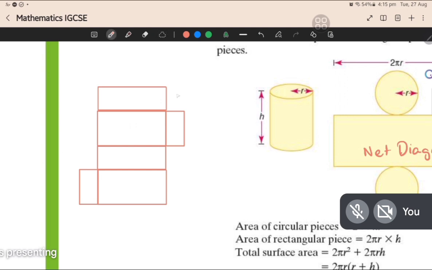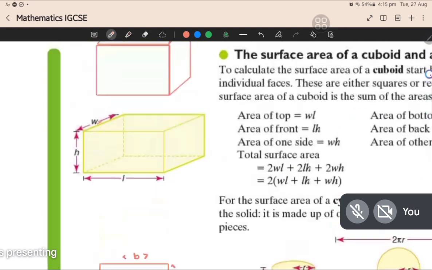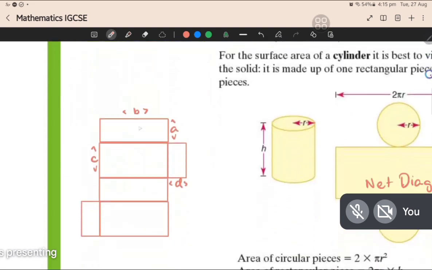Now when we find the surface area, we've got this length and this length. So we'll call this A, we'll call this B. Then we've got B and we've got C, and then we've got D. So this much is D, this much is A, this much is C, and this much is B. So when you do B times A, you get the area of this part of the net.